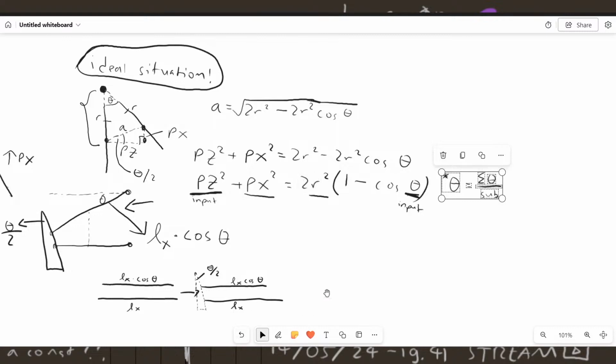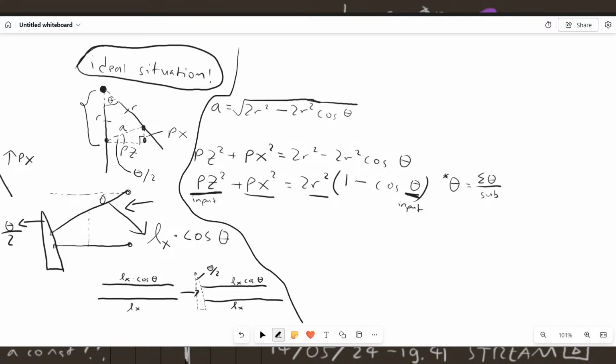And yeah, I should make some kind of marker. Okay, we can substitute px for whatever that is. Yeah, let's do it.